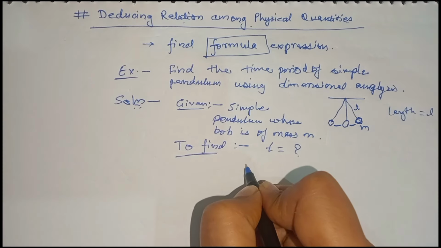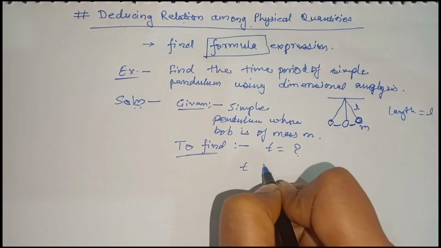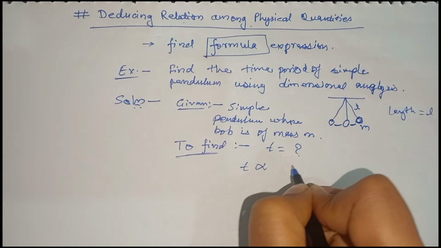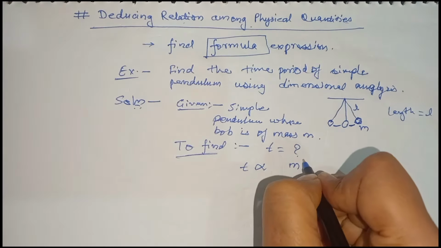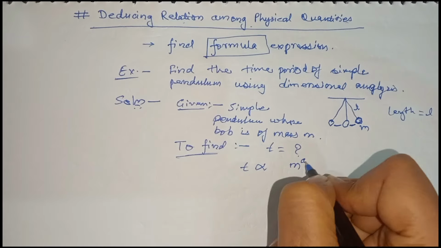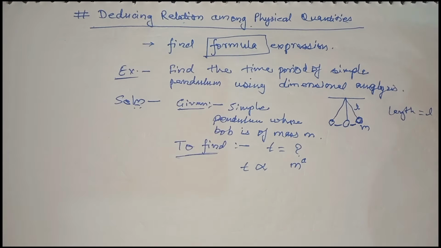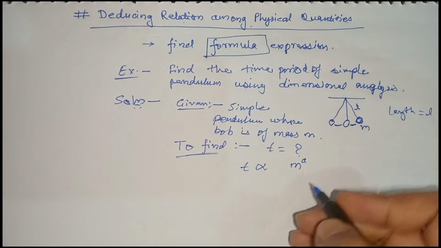Now the governing factors. Time period will be dependent on mass, no doubts. It will depend on mass, but in what way? Suppose m to the power a, b, c we will take as some unknown powers.